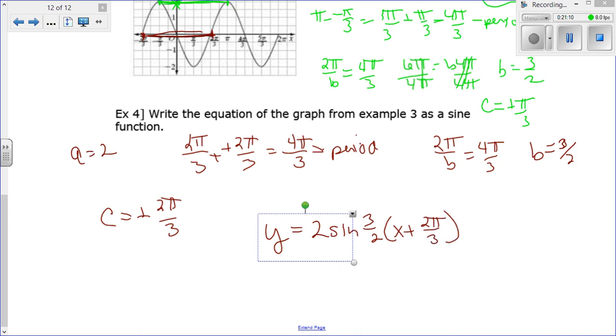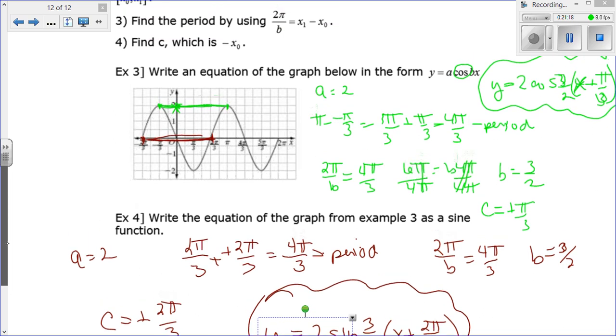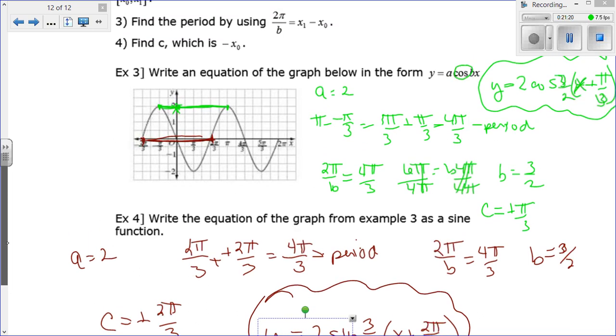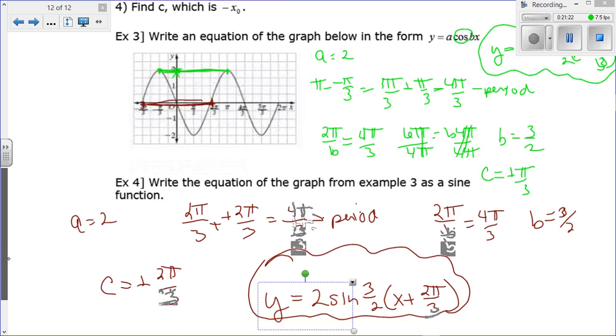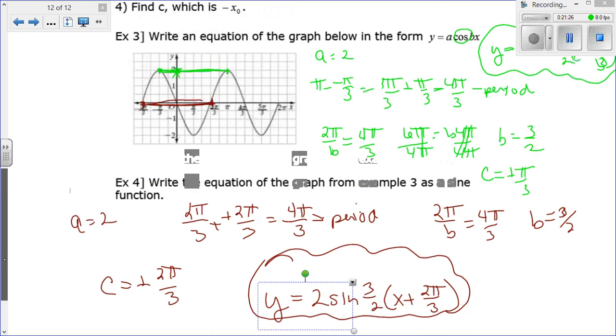So really the only thing that changed between these two equations is that one is x plus pi over 3 and this one's x plus 2 pi over 3. And one is cosine and one is sine.